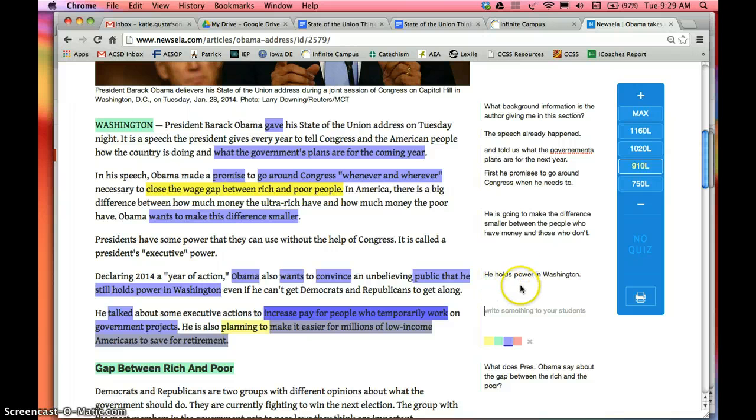He wanted us to know he holds power in Washington, and that the last two things he says are that he is going to increase pay for government workers and help low-income people to save for retirement.